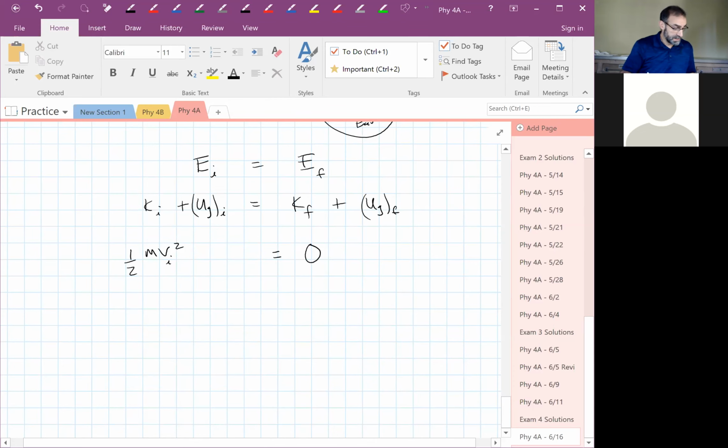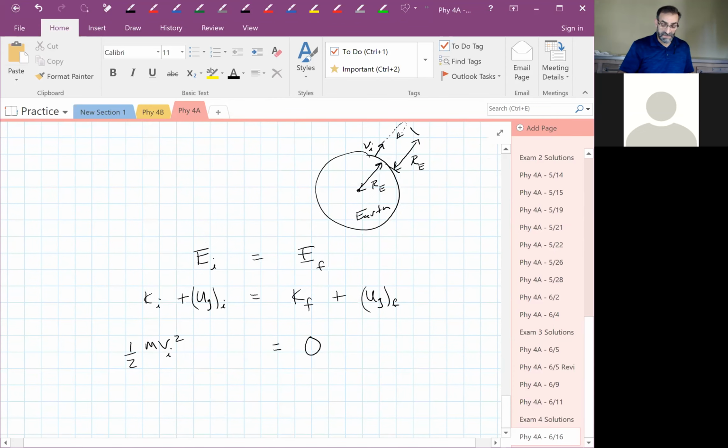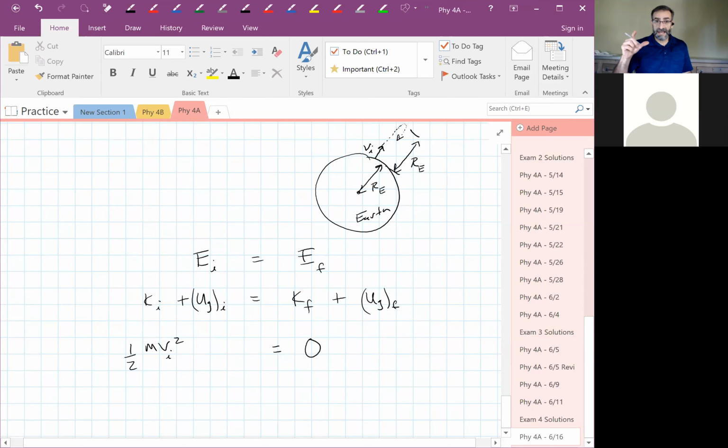Initially, the object is on the surface of the Earth, so they're 1 Earth radius apart, and at the end, they're 2 Earth radii apart. So that's the first issue. Don't forget that. We can't define zero wherever we want. It's only zero when r equals infinity. And the second thing you have to remember is the minus sign.